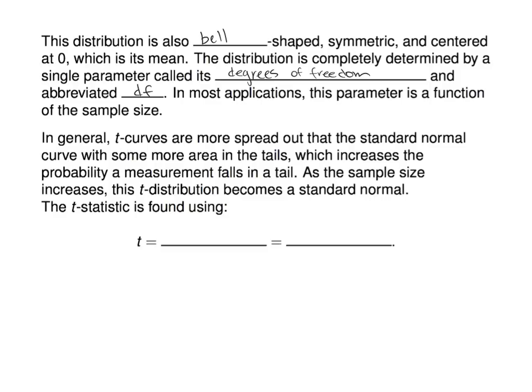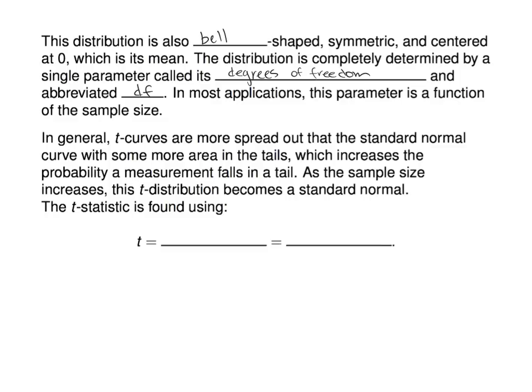In most cases, this parameter is a function of the sample size. In general, t-curves are more spread out than the standard normal curve, with more area in the tails, which increases the probability a measurement falls in a tail. As the sample size increases, this t-distribution becomes a standard normal.